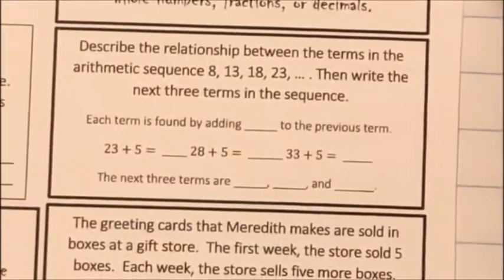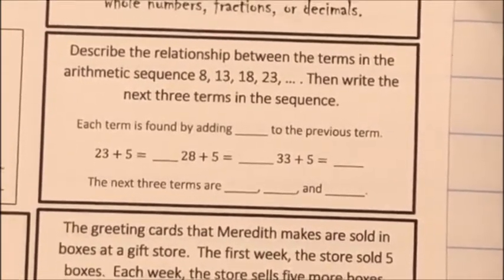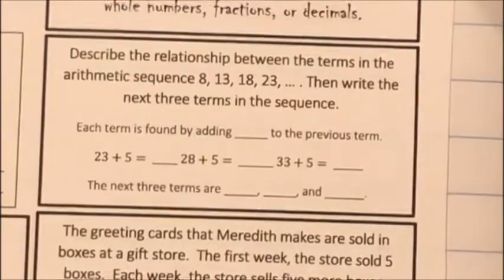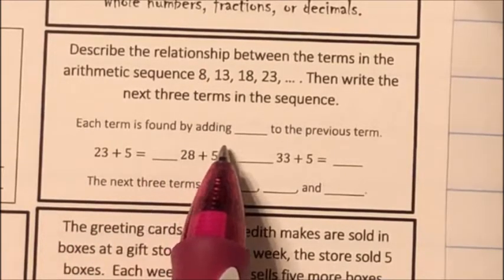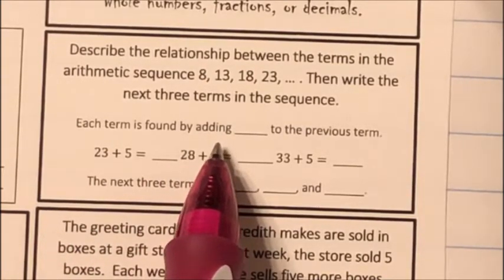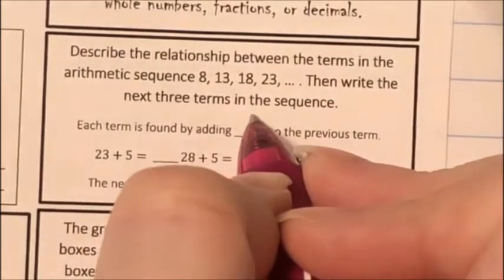So I can describe the relationship between the terms in an arithmetic sequence 8, 13, 18, 23, and so on. Then write the next 3 terms in the sequence. So each term is found by adding what to the previous term? I'm adding 5 each time.